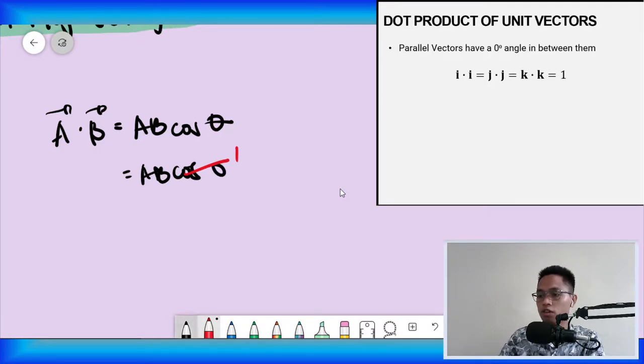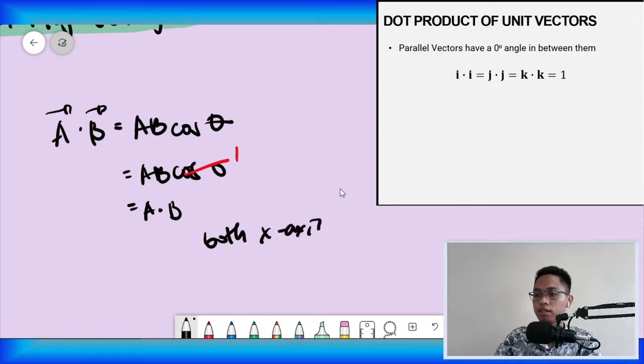So, therefore, if the vectors are parallel, or have zero angle in between them, their dot product would just be the product of their magnitudes. For example, I and I are both acting in the x-axis. If you dot product two vectors parallel to the x-axis, meaning I and I, they are on the same axis, so they don't have an angle in between them.